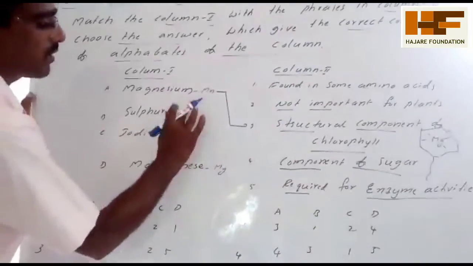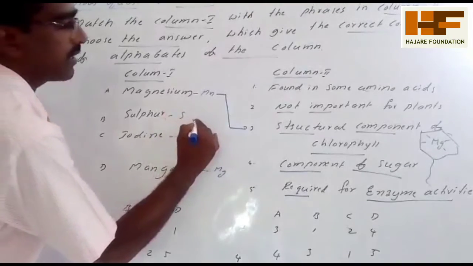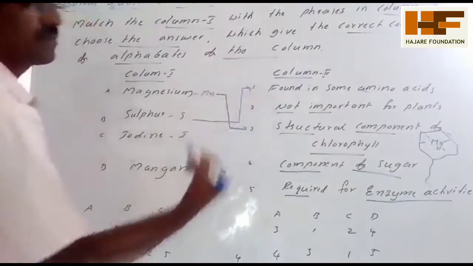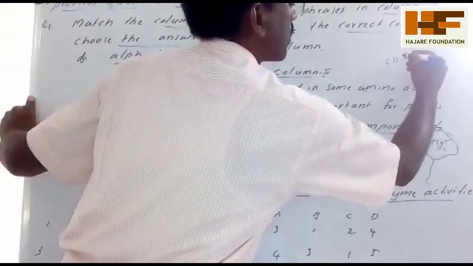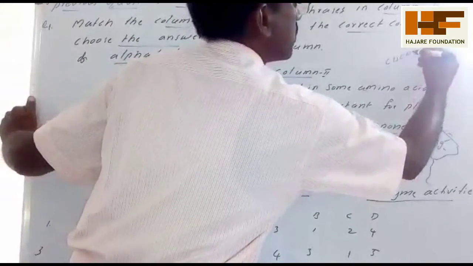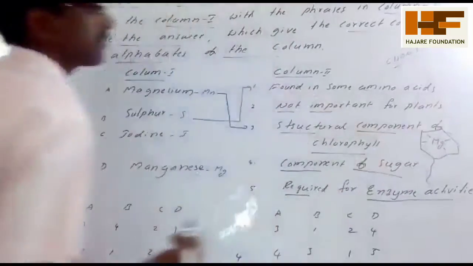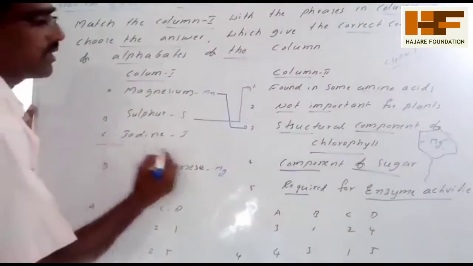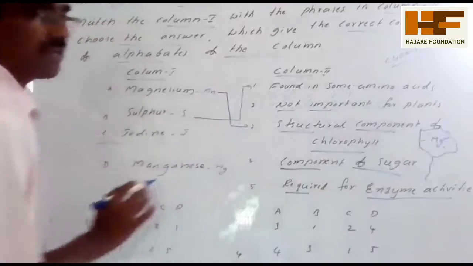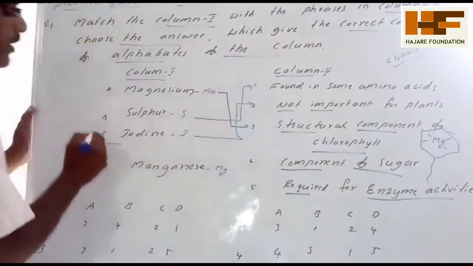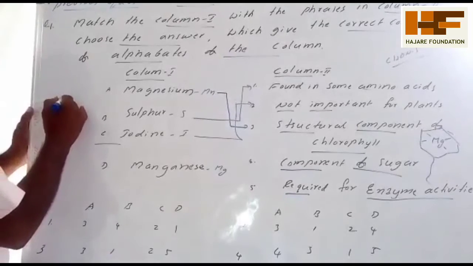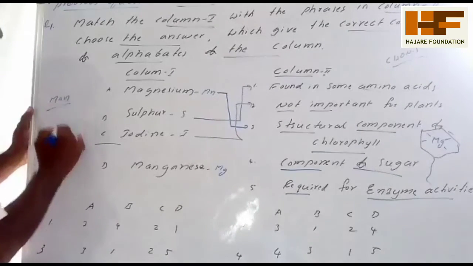Then sulfur is present in amino acids. Amino acids are made up of carbon, hydrogen, oxygen along with nitrogen, and a little amount of sulfur is also present. Then iodine is not at all important for plants, but it is important for animals, especially human beings.